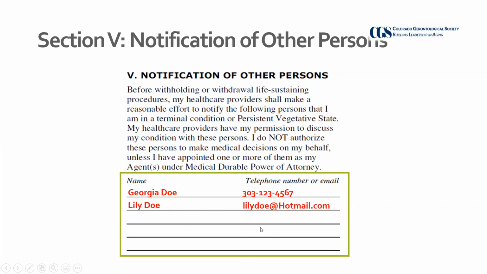So for Lily Doe, it would only be Lily Doe, and they forget the hotmail.com or at yahoo.com or, you know, any of those other domains. So make sure that the contact information is provided completely, so that way there's no issues about getting a hold of those individuals. Once again, this form provides 5 lines. If you have other individuals that you would like to be notified, go ahead and attach that to your document.